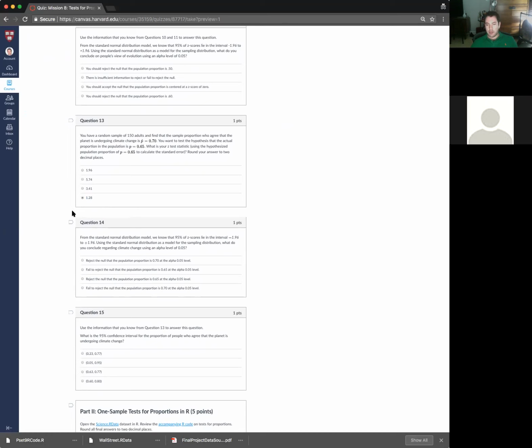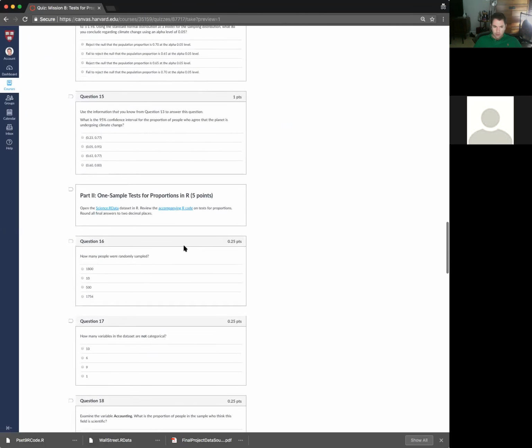If the p-value is greater than the alpha value, we do not reject the null hypothesis, right? Here we're using a 0.05 alpha value. So if we had a p-value of 0.03, you would reject the null hypothesis. If you had a p-value of 0.25, you would not reject the null hypothesis. Does that make sense?